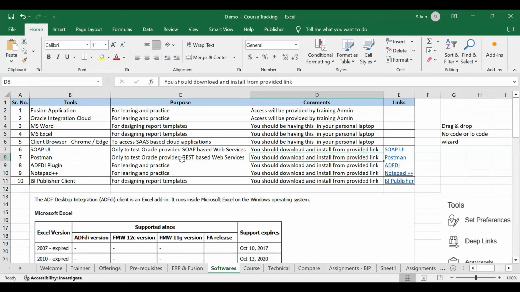All these are freeware tools. For the Fusion application, we are going to give you the access. To work as a Fusion consultant, you should be familiar with MS Word and Excel. Each one of you might already have these tools. You might be using a cloud browser that you already have, and these are a few utility tools that we will recommend you to install.